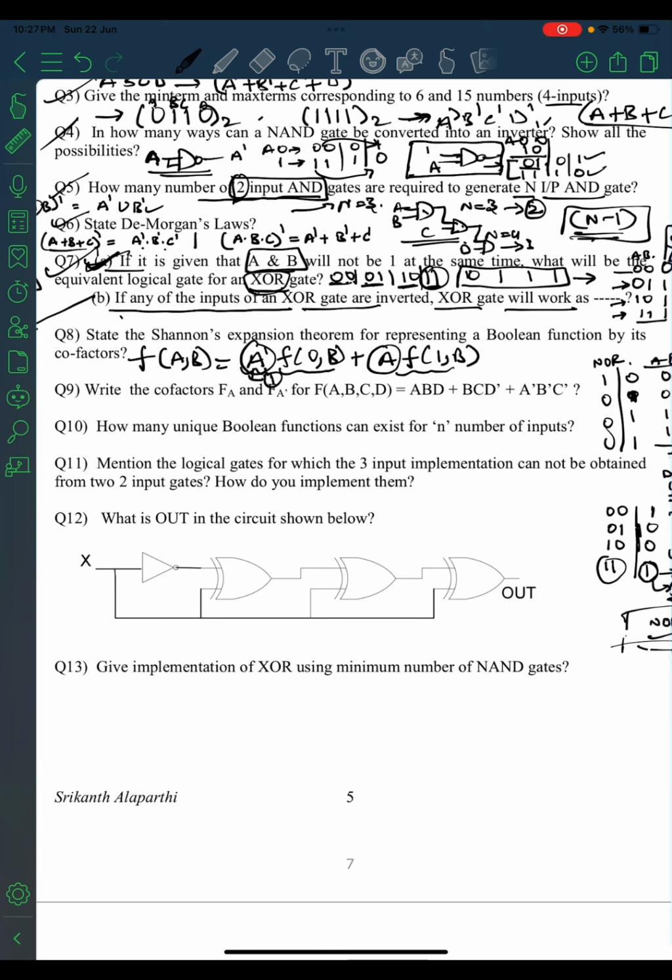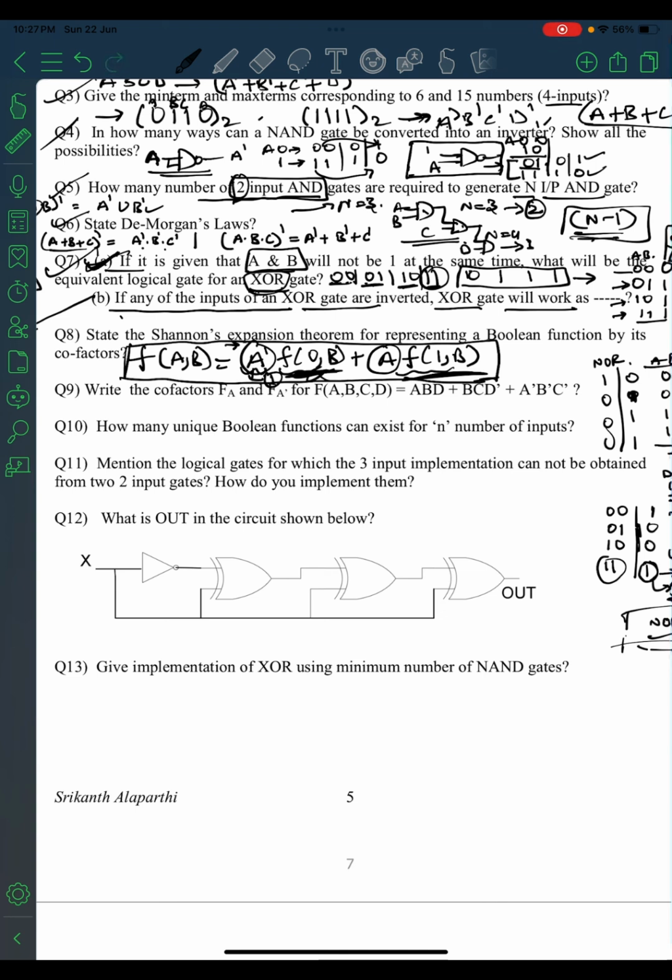When a is equal to 1, only this term will remain. Whenever a is equal to 1, a dash becomes 0 and that term cancels out. Whenever a is equal to 0, this term cancels out. So this is a way of separating each and every value. This is Shannon's expansion theorem.